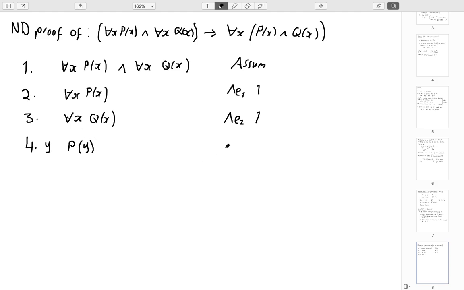And that is actually the elimination rule for the for all connective. We're eliminating from the formula in the second line of the proof. That's a 2.